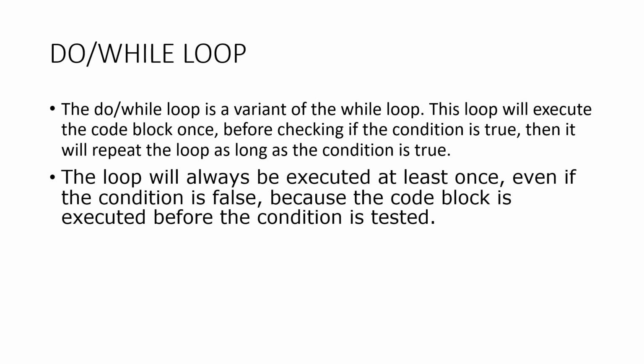In the case of while loop, if the condition is not true, the loop won't execute. In the case of do while loop, the loop will always be executed at least once, even if the condition is false, because the code block is executed before the condition is tested.